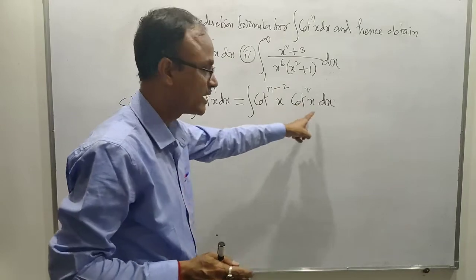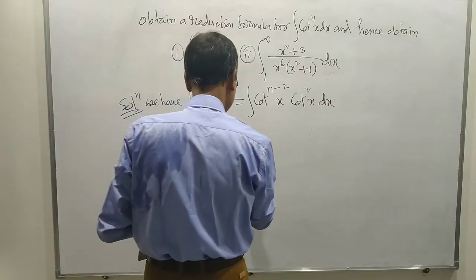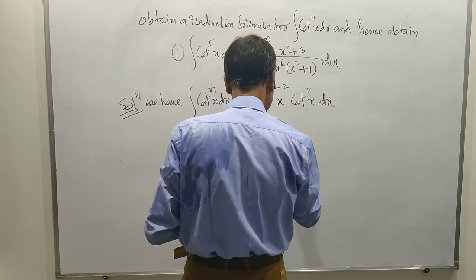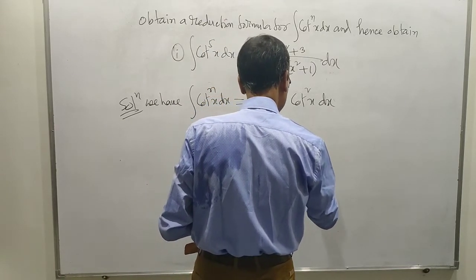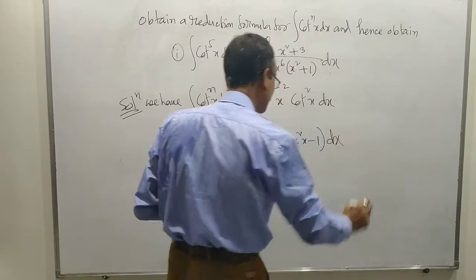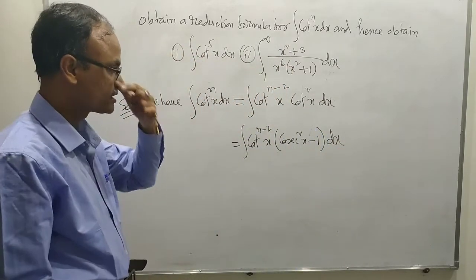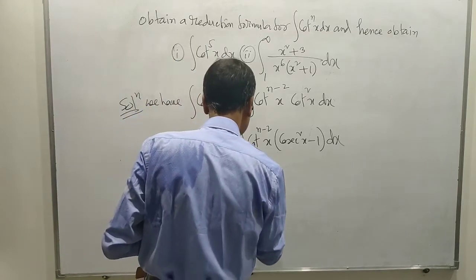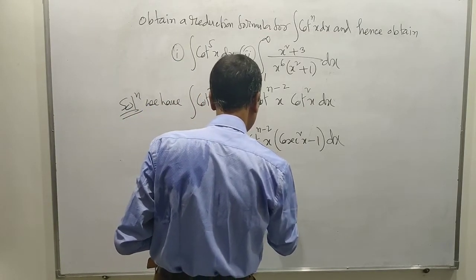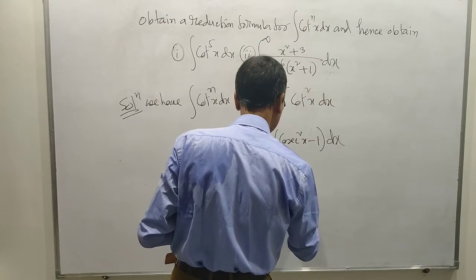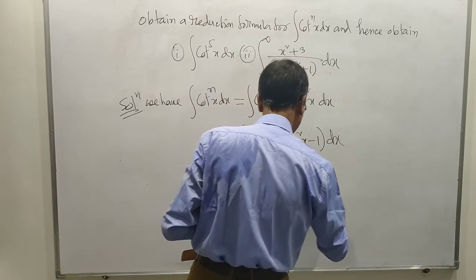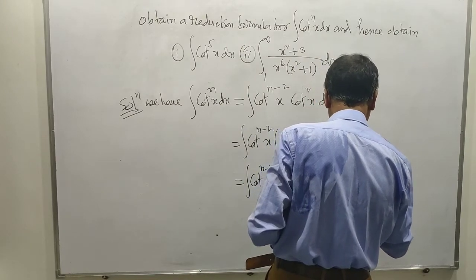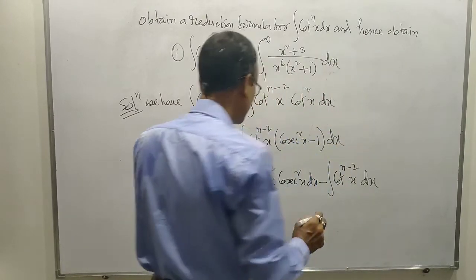This is equal to integration cot to the power n minus 2 x into cosec square x minus 1, since cot square x means cosec square x minus 1. This is equal to integration cot to the power n minus 2 x cosec square x minus integral cot to the power n minus 2 x dx.